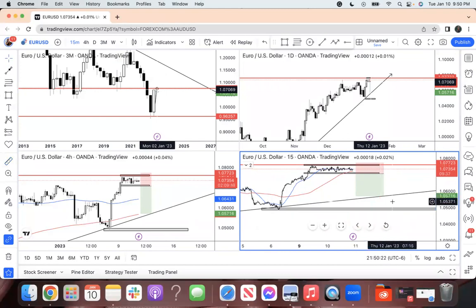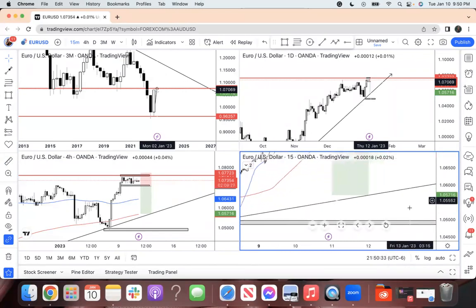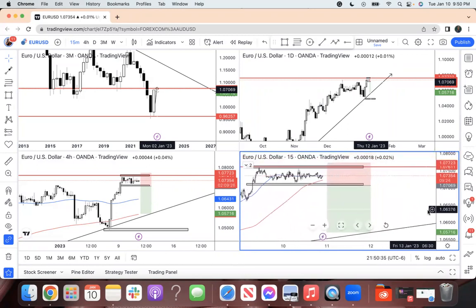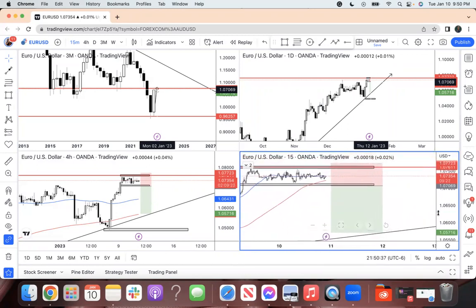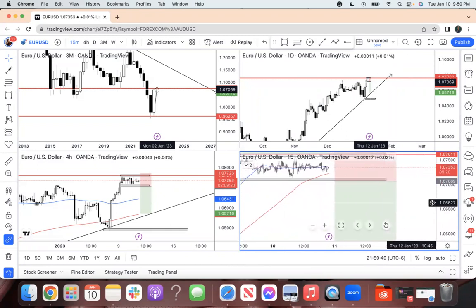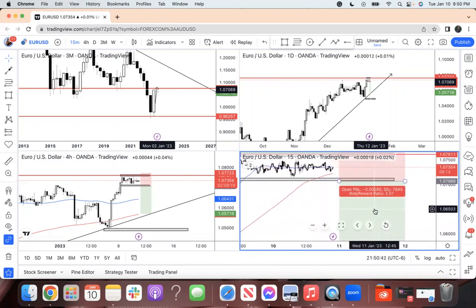So we're doing all of this analysis before we're hopping into the trade so that we can have a higher probability trade and just make a better informed decision on the trades that we're getting into.